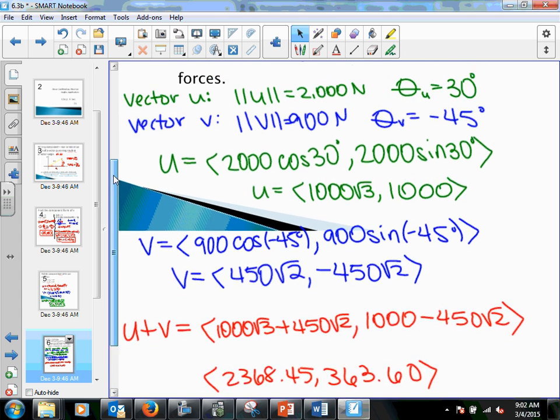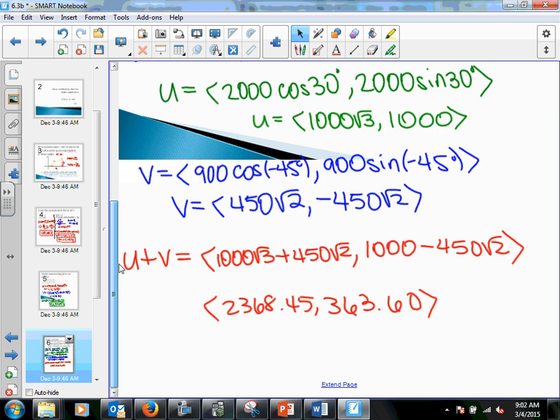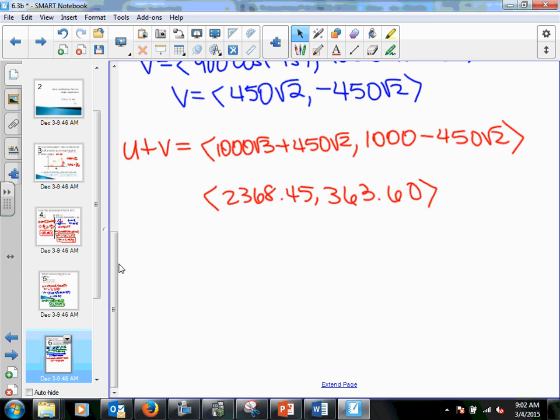If we go back up to the problem, we're asked to find the direction and the magnitude of the resulting forces. So let's talk about the magnitude of these forces.